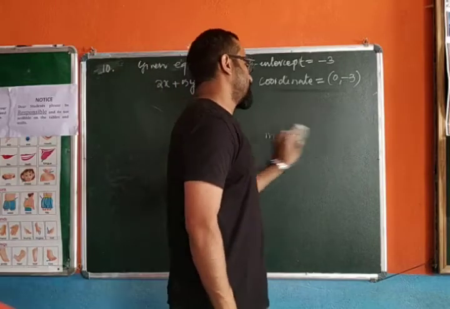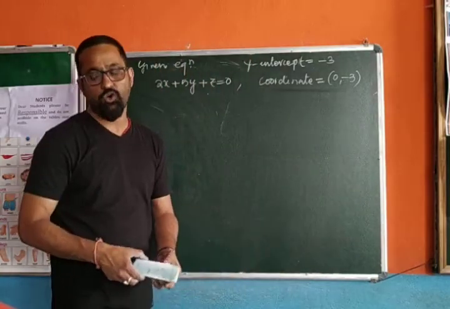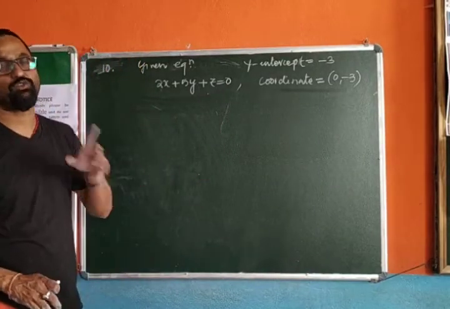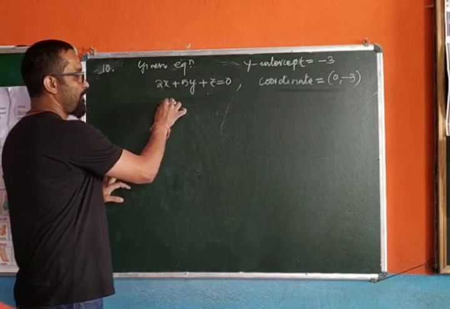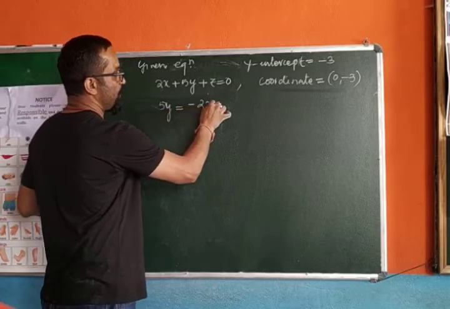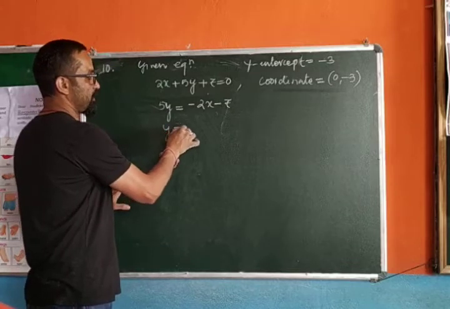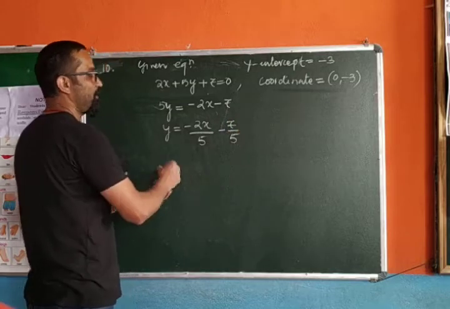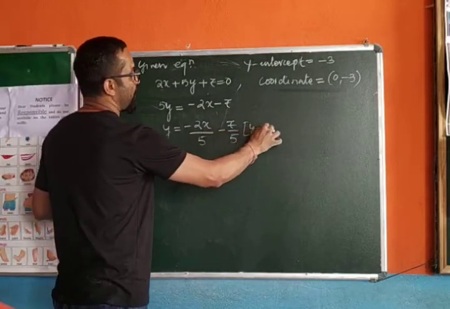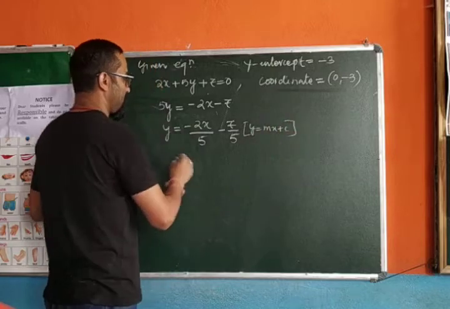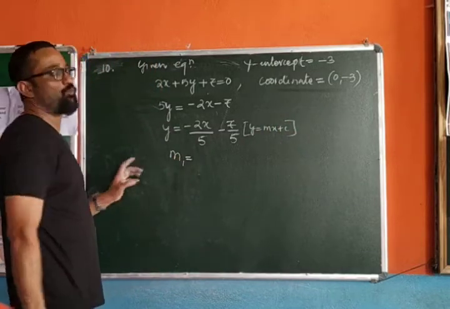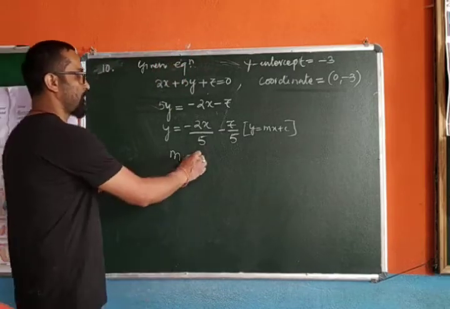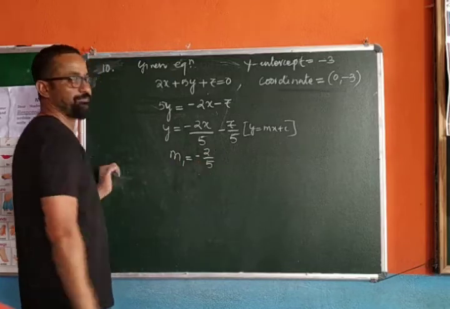But if you get mixed up, your signs will be wrong. So use the general steps to find the slope. 5y is equal to minus 2x minus 7. y is equal to minus 2x divided by 5 minus 7 divided by 5. Comparing with y equals mx plus c, you have to write m1 because we are finding the slope from the given equation: minus 2 divided by 5.